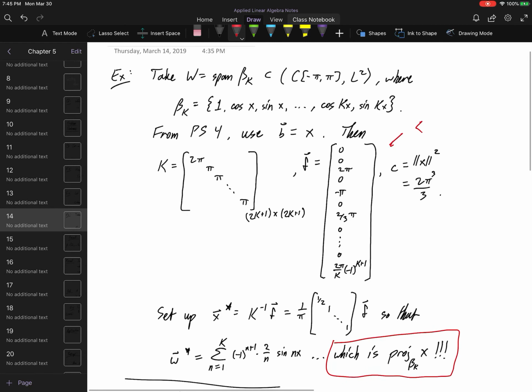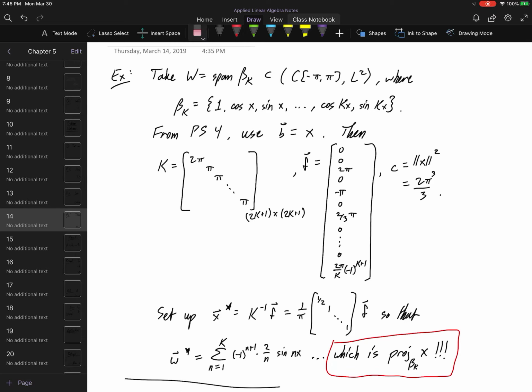And the same deal goes that I can go ahead and project. Each one of these will be X inner product with, I don't know, cosine of NX or sine of NX. It's going to be how much of each of these functions in BK lives in X, or how much of these functions contribute to creating the function X. Okay, and then finally, of course, C is going to be the square length of this B vector.